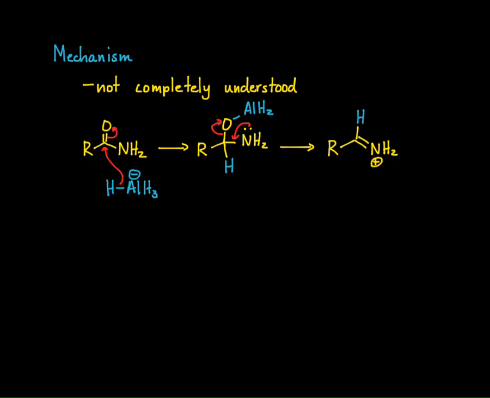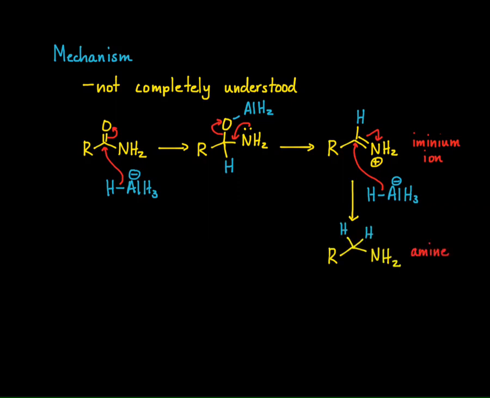The hydrogen has added, and the oxygen is a poor leaving group, and this is an iminium ion, so it's a protonated imine. And now that protonated imine can react with another equivalent of aluminum hydride. Just like hydrides add to carbonyls, they will certainly add to imines. And what you get is now the addition of two hydrides, and you generate an amine. So we're making a primary amine this way.